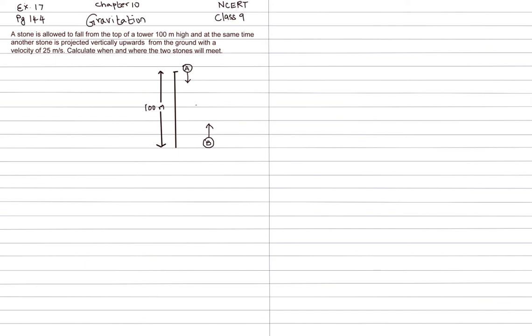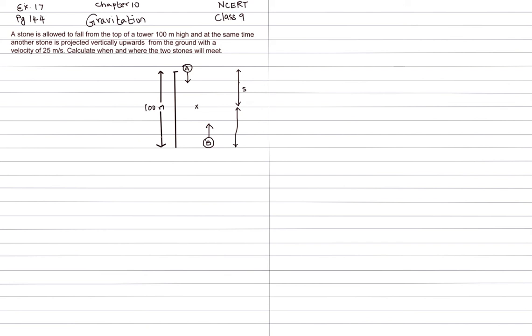So let us assume both the balls meet at a point, and let the distance from the top till the meeting point be S. What is the remaining distance from the ground till the meeting point?